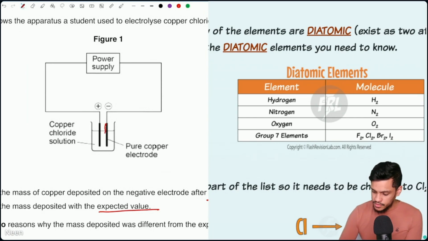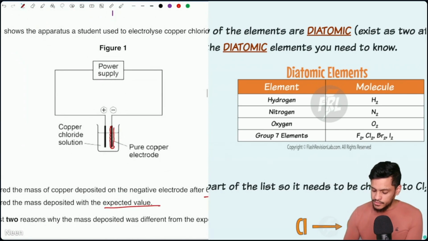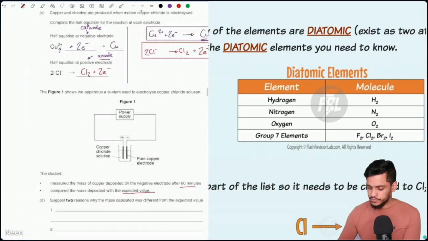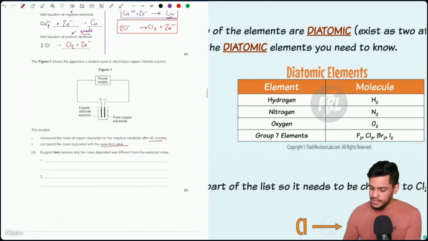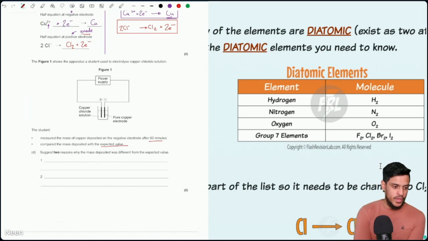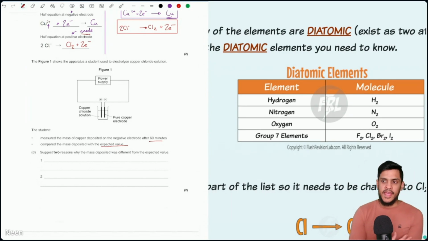The electrode gets heavier, so they take it out and weigh it, and they're saying it's different to the value they expected. What is the reason for that?